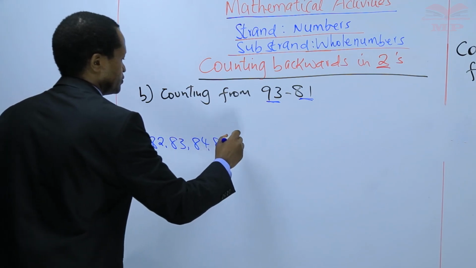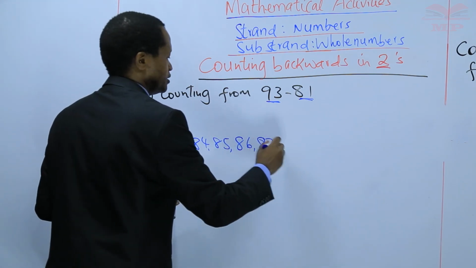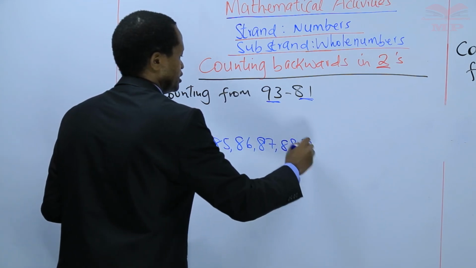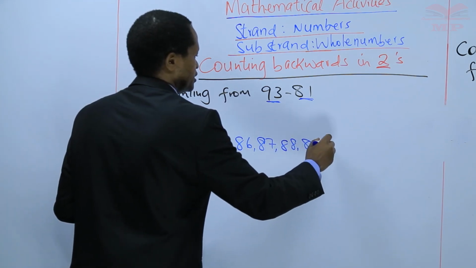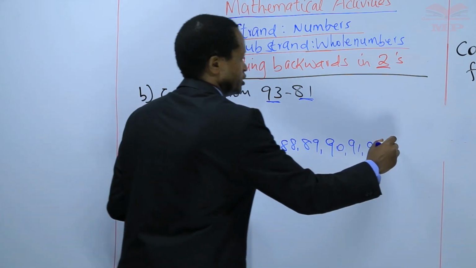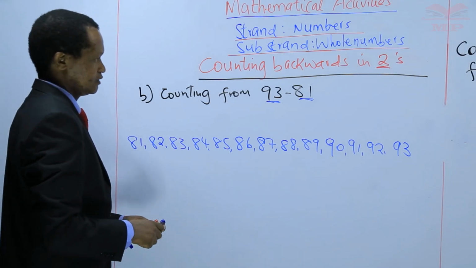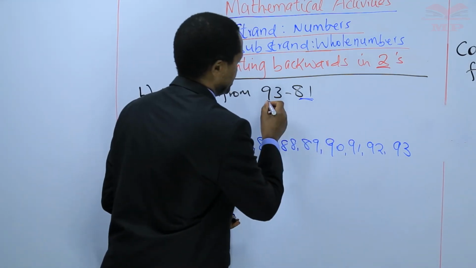85, 86, 87, 88, 89, 90, 91, 92, and lastly 93. We are going to count from 93.